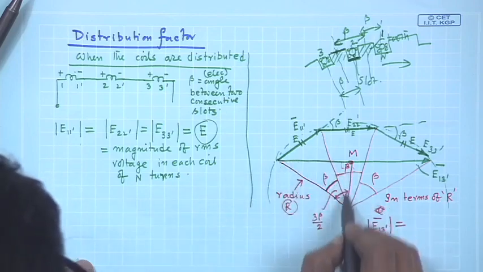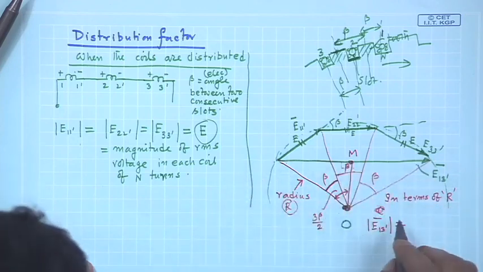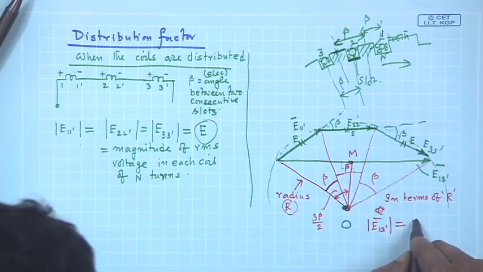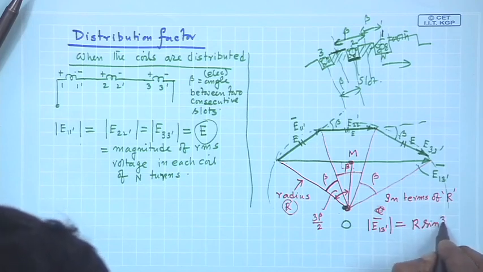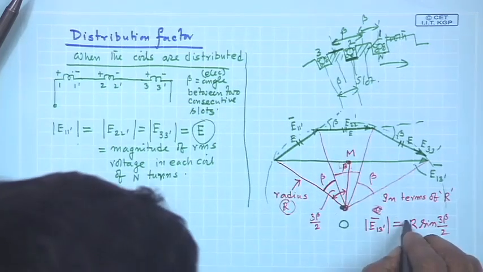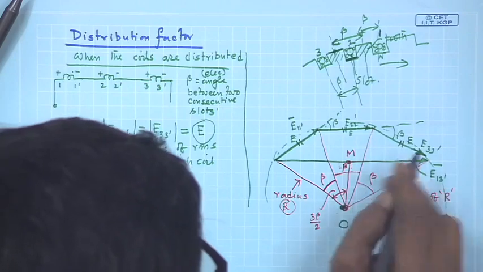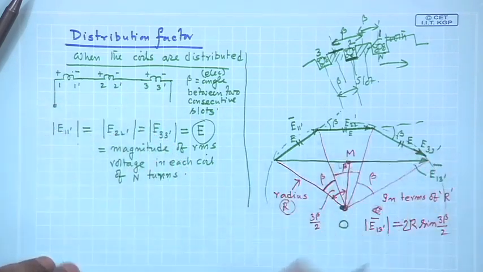So, from this right angle triangle, half of this length is nothing but R sine 3 beta by 2. Then into 2, because this plus this is the resultant and these two are equal, because a perpendicular dropped from the center of a circle bisects the chord.